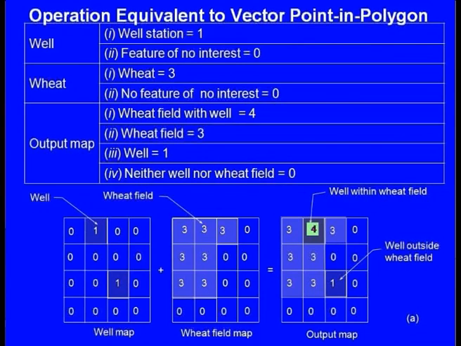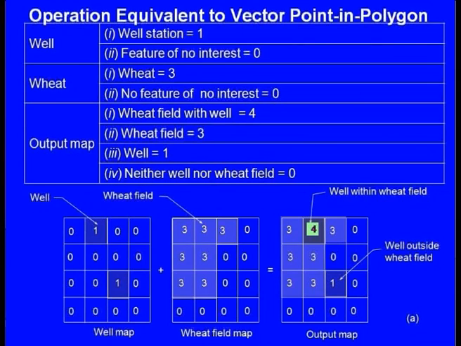So, what we do is we take two raster maps, undertake the task of addition, and this yields a value. In the output map, all those points where wheat and well both exist will now have a value of 4.